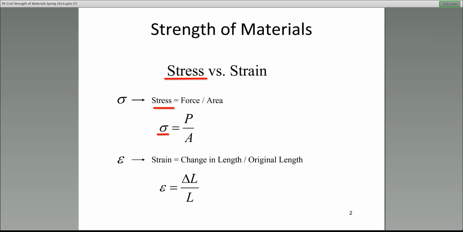Normal, not in the sense that it is ordinary, but we call it normal because it is produced by a force that is perpendicular, or normal, to the area. In a case like that, we simply take the force, in this case let's call it P, divided by the cross-sectional area over which it's acting. All right? So that is the concept of stress.